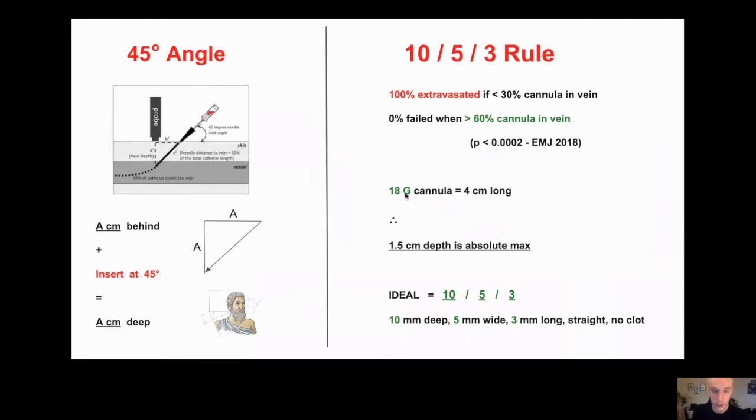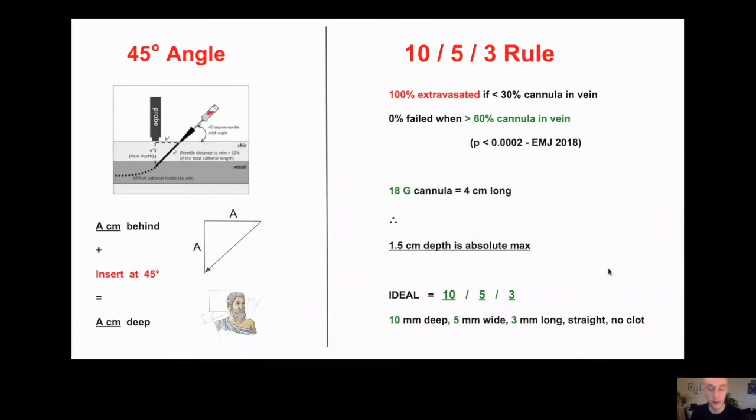So using some maths, we can say that if we want to have at least 50% of the cannula in the vein, the very max depth that you should go for with a green cannula is 1.5 centimeters, 15 millimeters deep. So that brings us on to the 10-5-3 rule, that the vein that you're looking for, the ideal vein, is 10 millimeters deep, 5 millimeters wide, and 3 millimeters long.